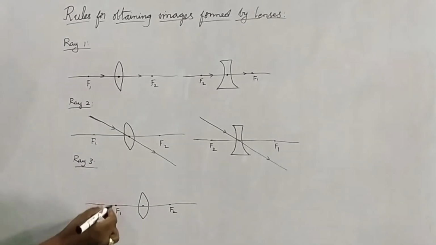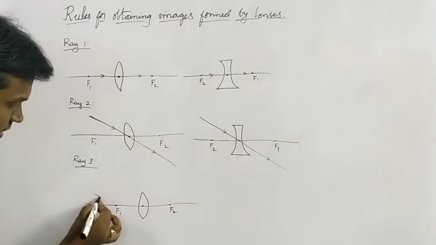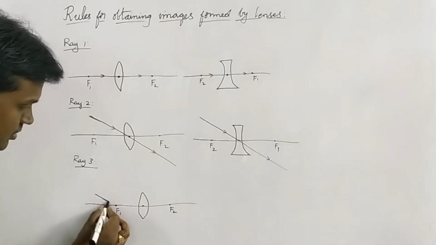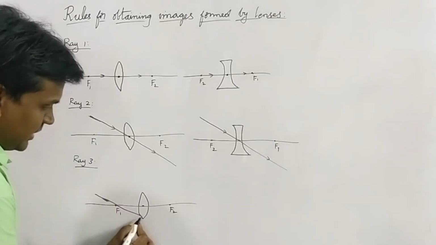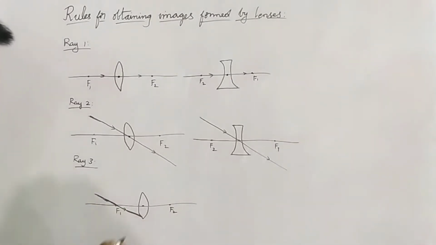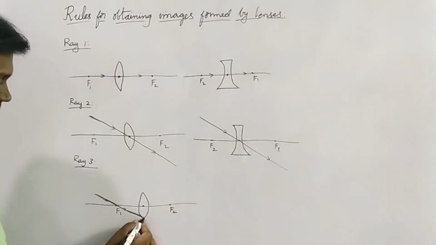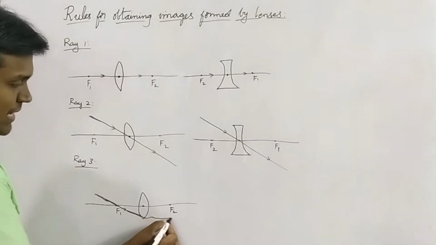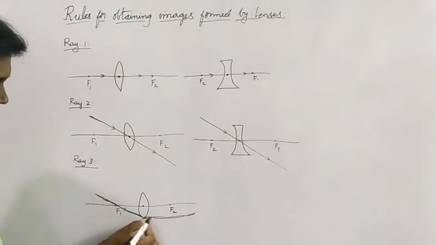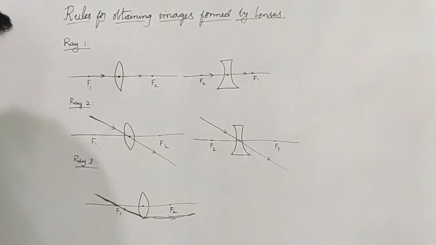Now a ray which is passing through the focus and hitting on the lens, after hitting the lens it will be parallel to the principal axis. That means it will be straight. This is the principal axis now, so it will be parallel to the principal axis.